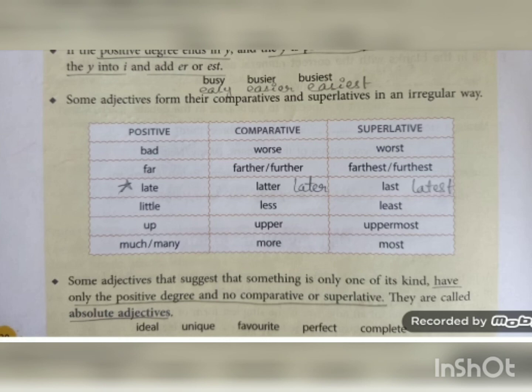Suppose the earth is a unique planet. Here the uniqueness is only one. It cannot be compared with any other thing or person. So ideal, unique, favorite, perfect, complete. These are the absolute adjectives which have only the positive degree but no comparative or superlative degree. So this is all about degrees of comparison.